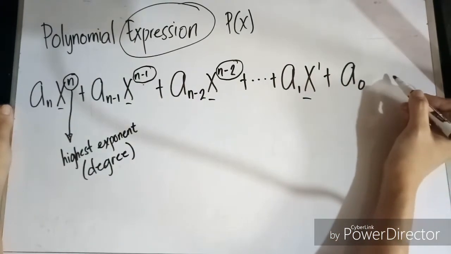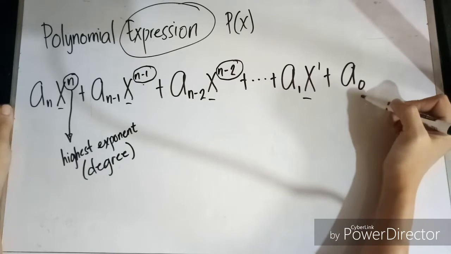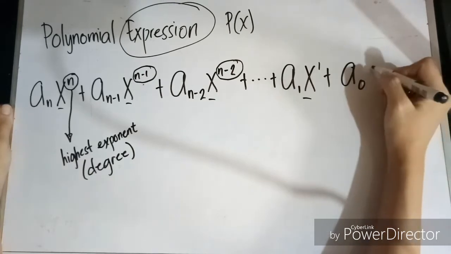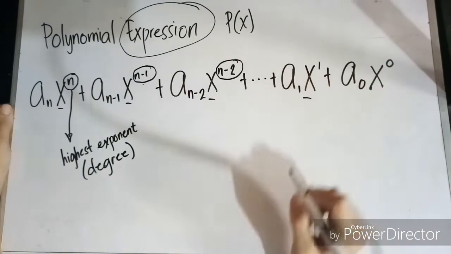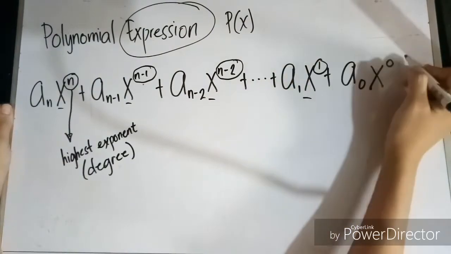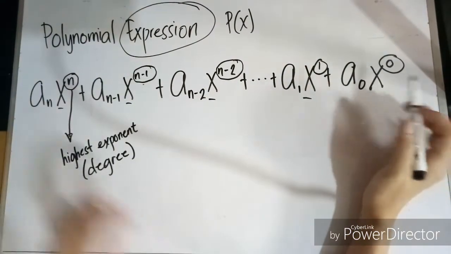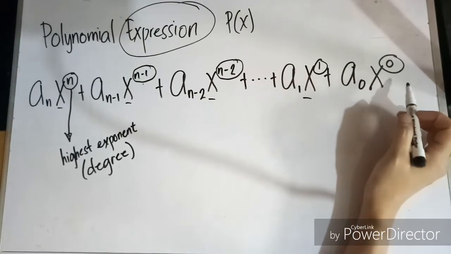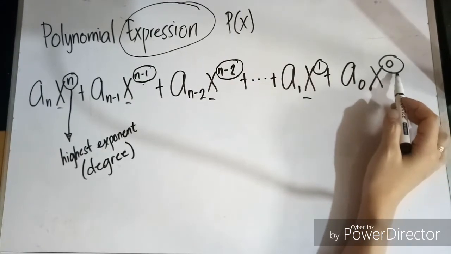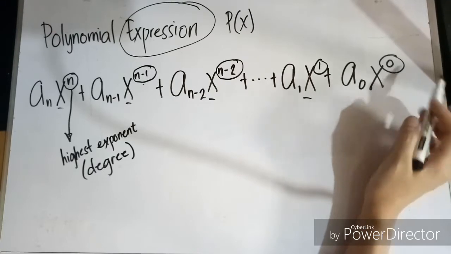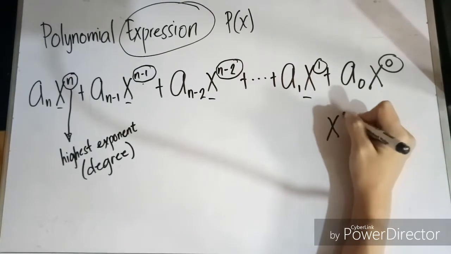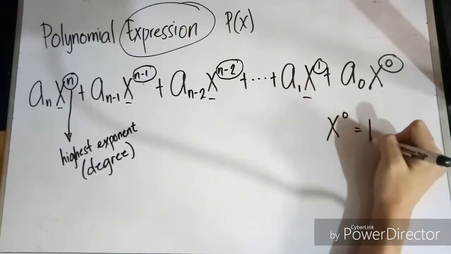So where is 0 now? Actually, beside a sub 0, we have x to the power of 0. These are the exponents. But remember that any number or any variable raised to the power of 0 will always be equal to 1. For example, x to the power of 0 is just 1.